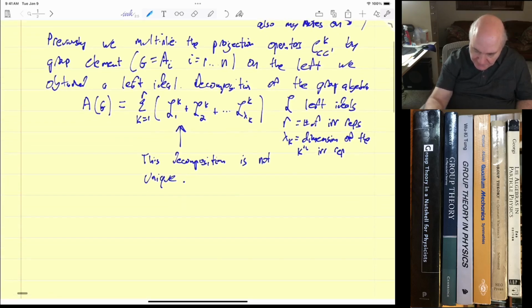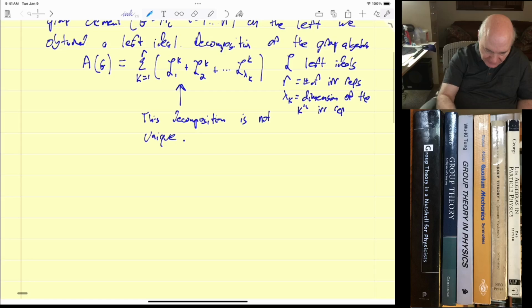So basically, if we set k equal to some specific number, that's the kth irreducible representation, we can reduce that rep into lambda k ideals, but how we divide this up here is not unique. And that can be a problem.